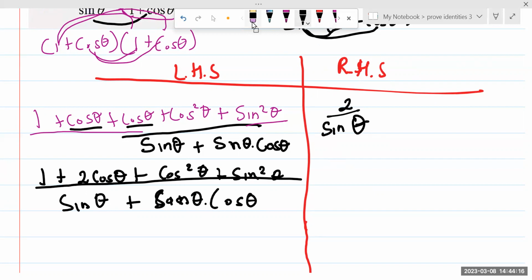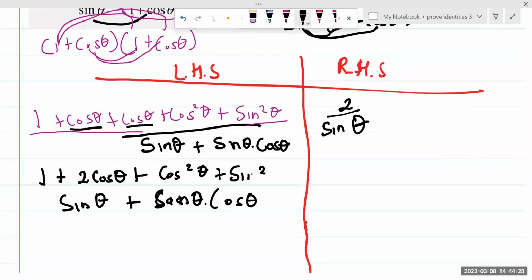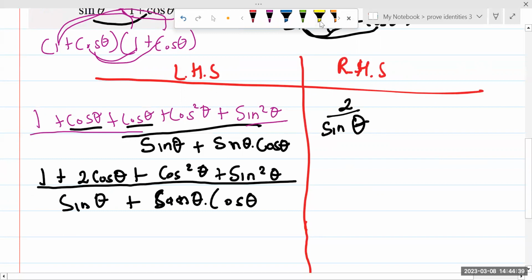Okay, perhaps this is not so clear. Let's erase this line so that you see what I'm talking about. Okay. So here we have plus sine square theta. Okay, then we said this is going to be all over. Okay, now look at something here. If you know, you know.